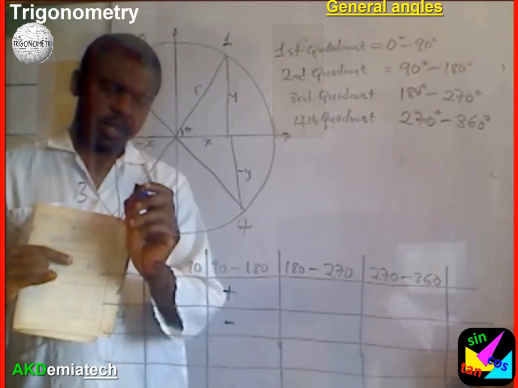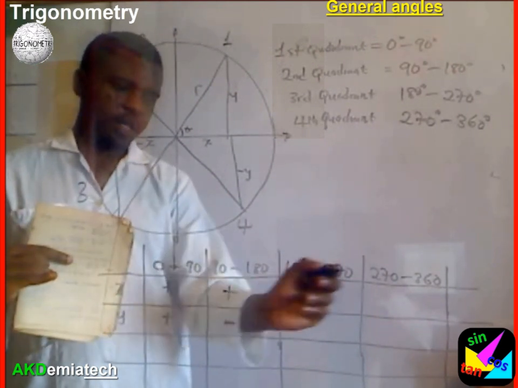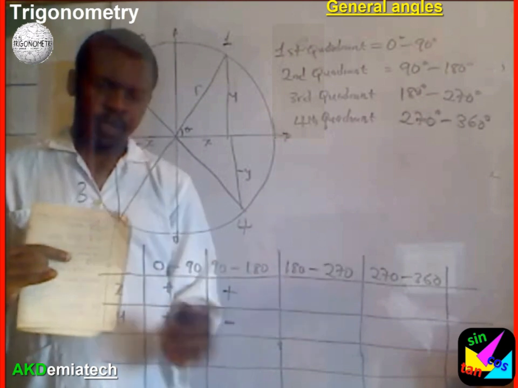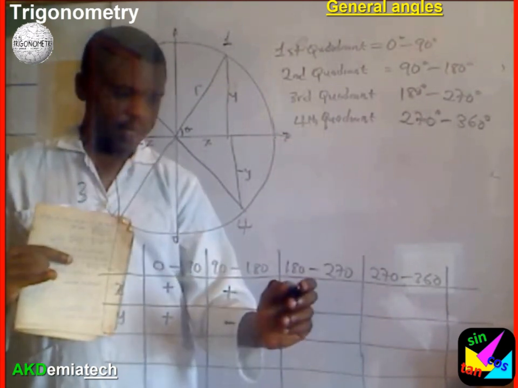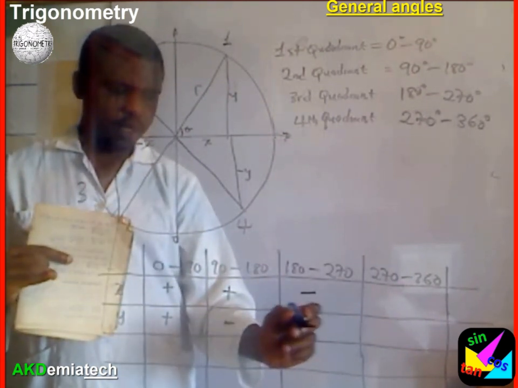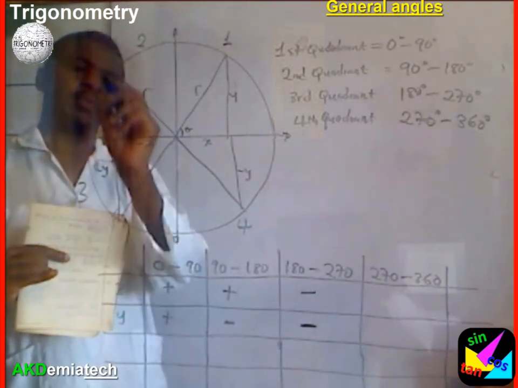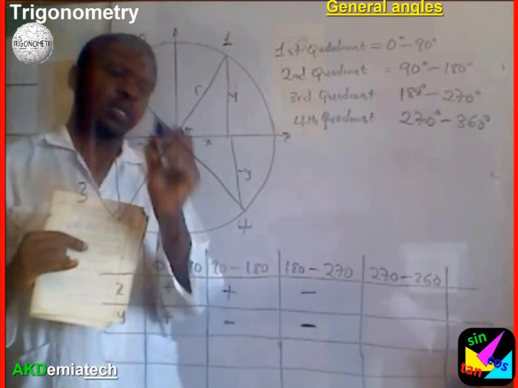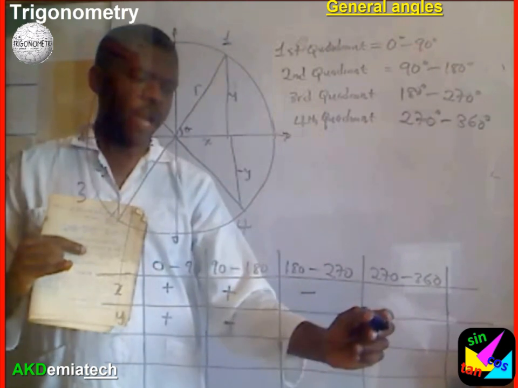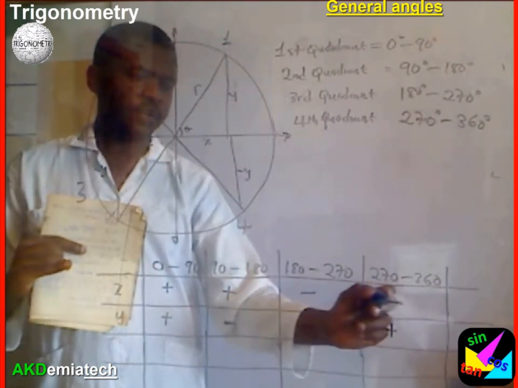Let's look at the third quadrant here, 180 to 270. I have x is negative and y is negative. For the second quadrant, I have y positive and x negative.